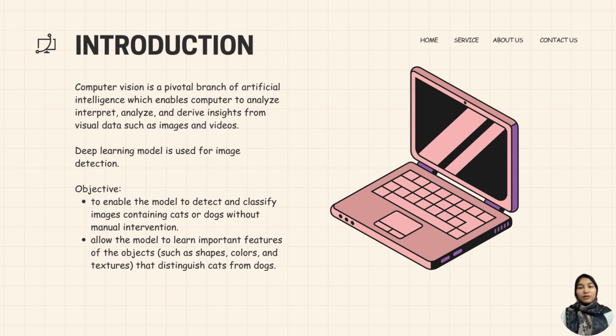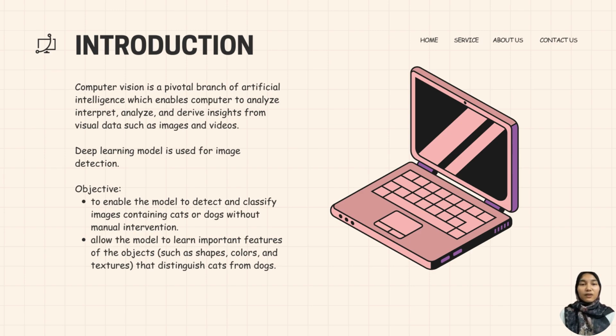From this computer vision, we use a deep learning model for image detection. The objective of this assignment is to enable the model to detect and classify images, and we only focus on cats and dogs.